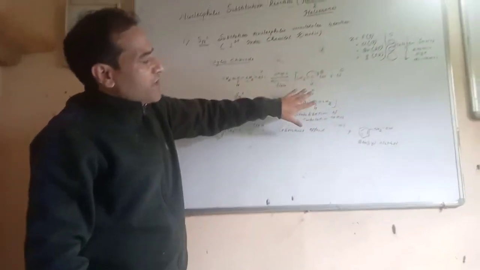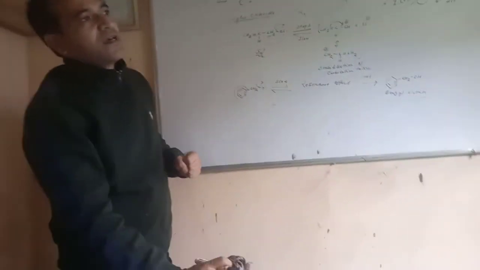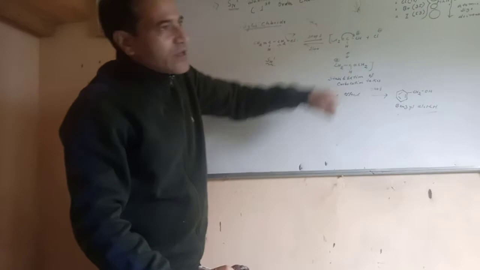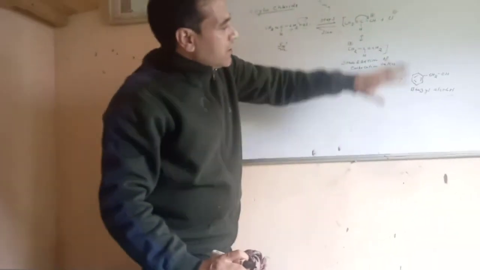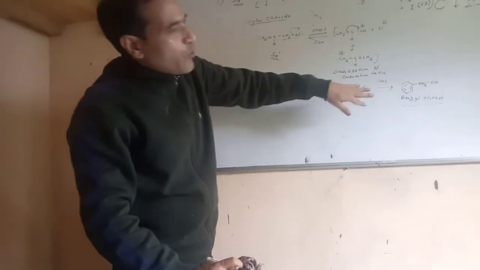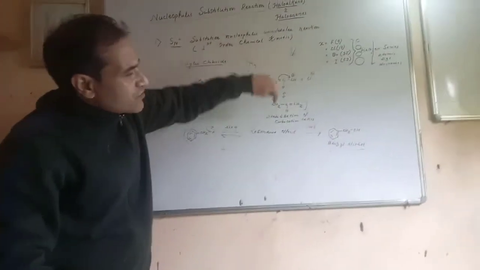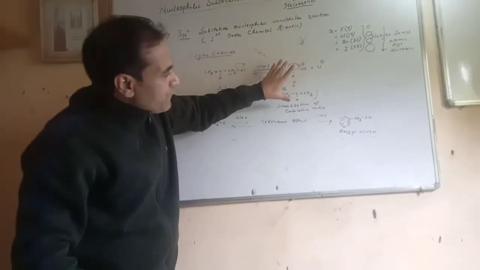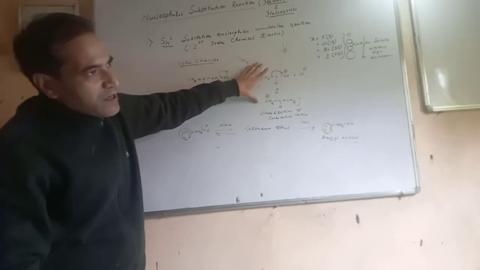Here the intermediate of the carbocation is very much needed. If it undergoes resonance, the delocalization of the pi bond within the structure, if it is more, the resonance effect will be more, and so is the stabilization of the carbocation.